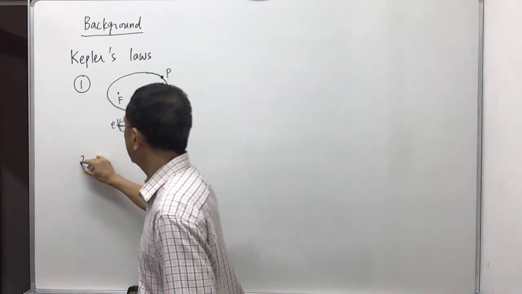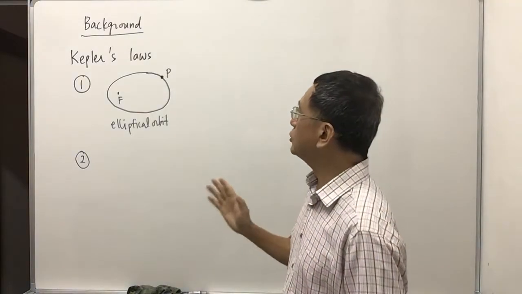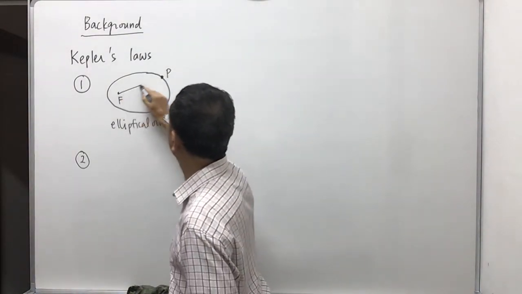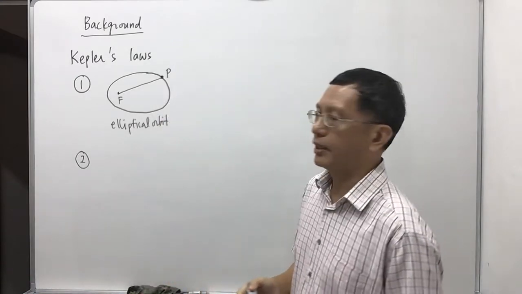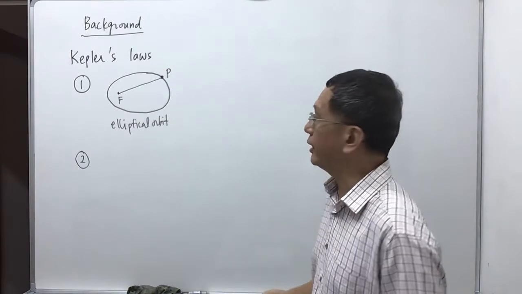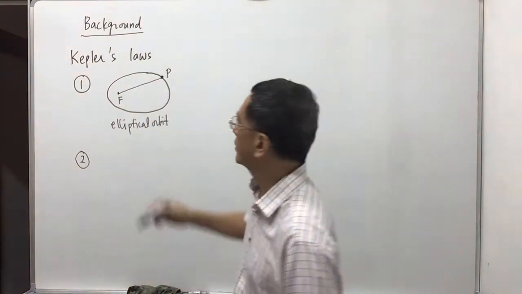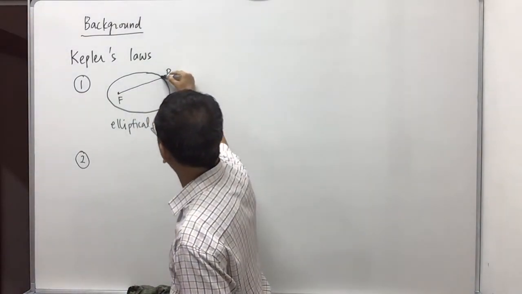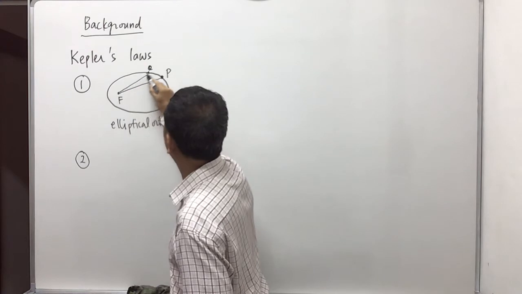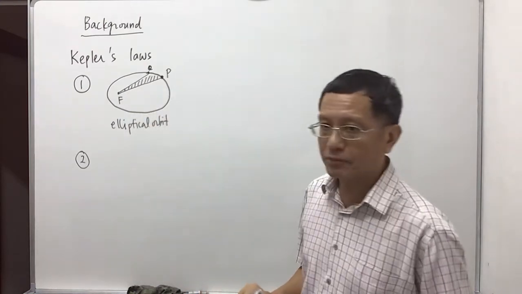Now the second law of Kepler is that the area swept out by the radius vector, in other words, by this line F1P, as the planet moves in its orbit, in equal time will be equal. For example, if the planet moves from point P to, let's say, point Q over a time of 1 week, this is the area that is being swept out.